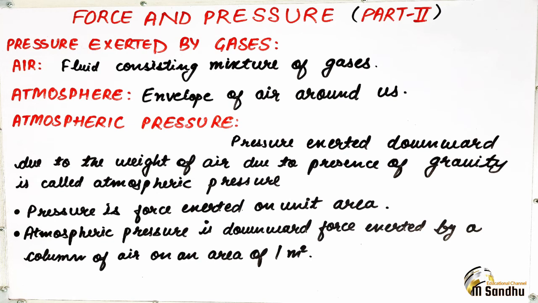In comparison, we can say the atmospheric pressure is always exerted on an area of 1 meter square. This pressure was quite strong as we have discussed, and that's why we do not feel this on our bodies. This is because we have the same atmospheric pressure inside our bodies, and because of this the net force becomes equal to 0.